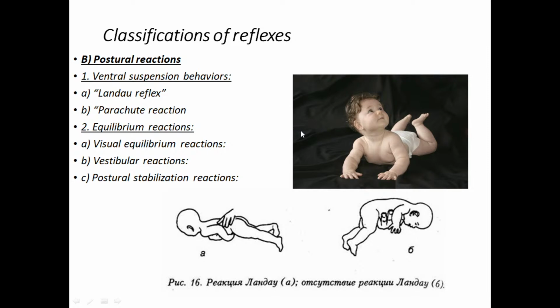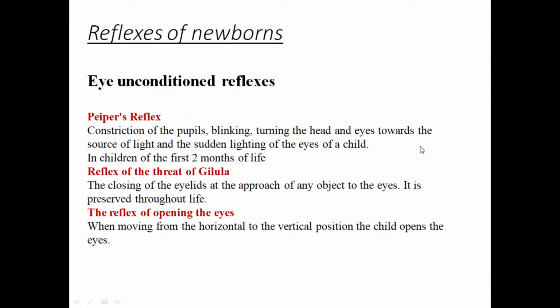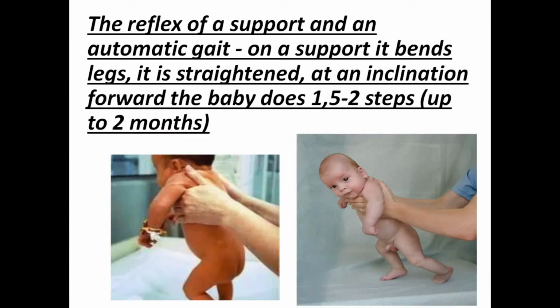These reflexes occur at the age of 4 months. The upper Landau reflex occurs first, and the second part of Landau reflexes occurs at the age of 6 months.